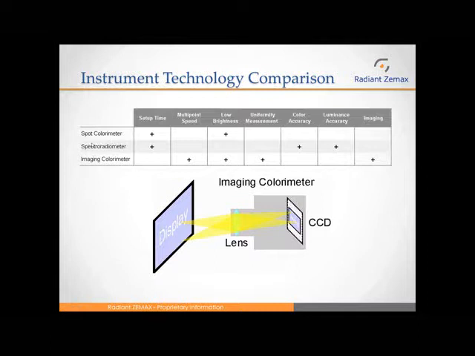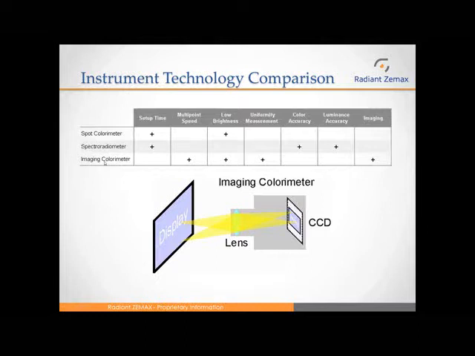All right, so the next type of technology for comparison is a spectroradiometer. A spectroradiometer also measures only one spot, but it has a huge benefit of being the most accurate type of color measurement that we have. A spectroradiometer does measure wavelengths, so it measures the entire spectral power distribution of light.